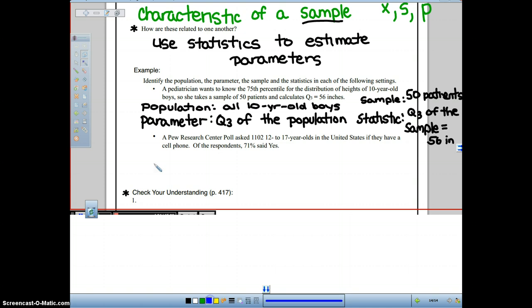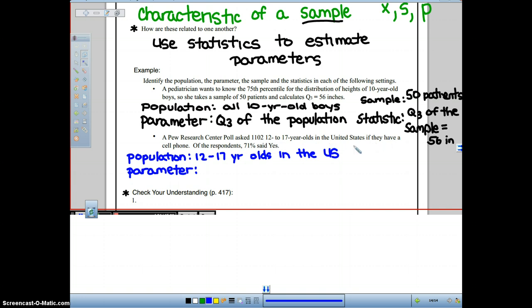So again, our population is who we're interested in, and in this case, it is 12 to 17-year-olds in the U.S. The parameter is what we're interested in knowing.